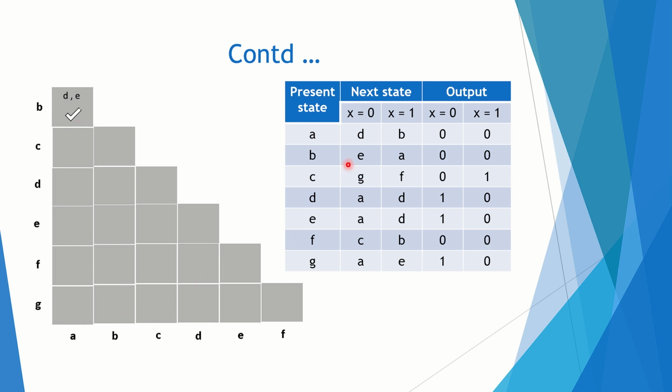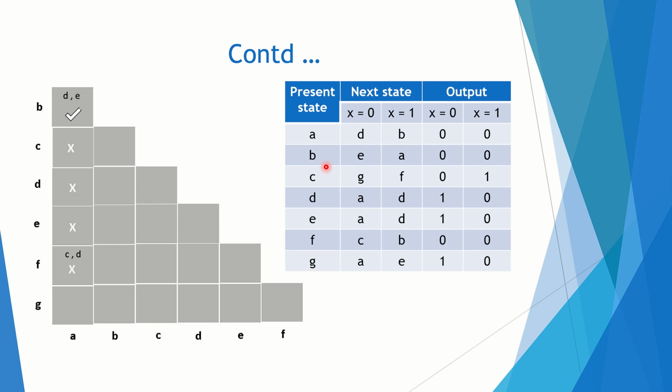Now A and C are not equal, so we put a cross. Then A and D: again the outputs are different, so it is not an equivalent state.